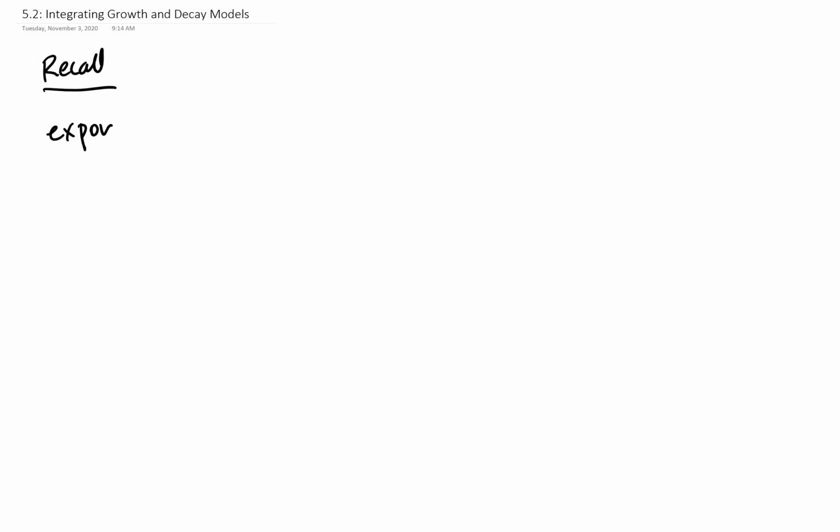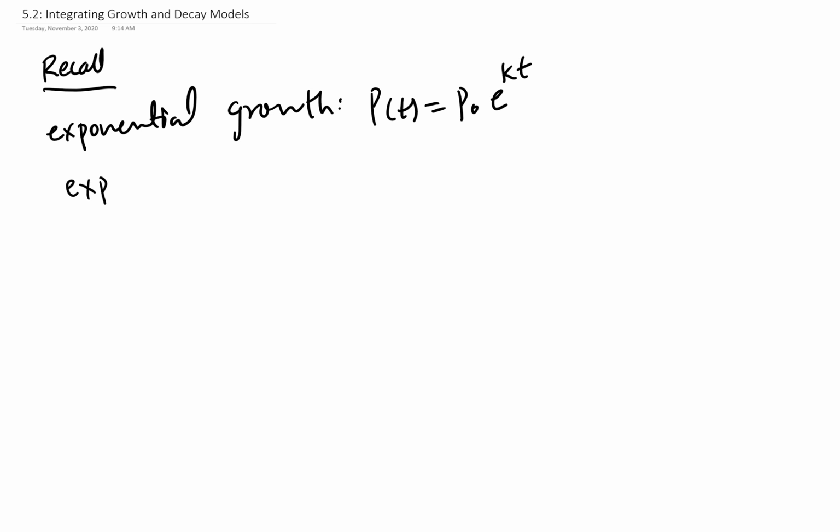So recall, exponential growth was given by P of t equals P sub 0, the initial amount or the initial population, e to the kt, and the exponential decay, P of t equals P sub 0 e to the negative kt.